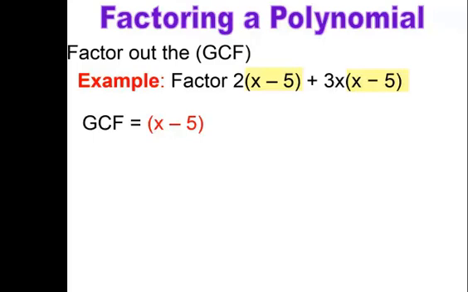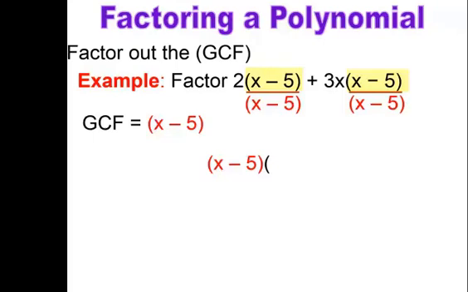So remember, the greatest common factor you need to write on the outside of an open parentheses. So notice here I have that parentheses x minus 5, and you need to leave it in parentheses. It's a binomial that's a greatest common factor. So to represent that binomial, you keep the parentheses there. And then you're going to divide each term by that greatest common factor, which happens to be a binomial.